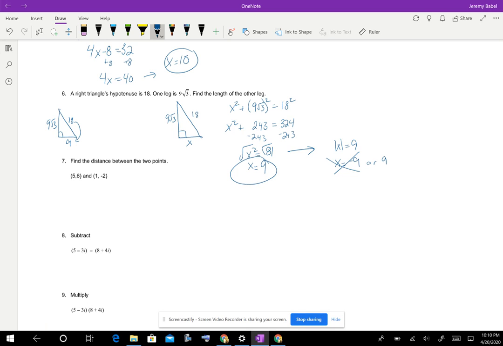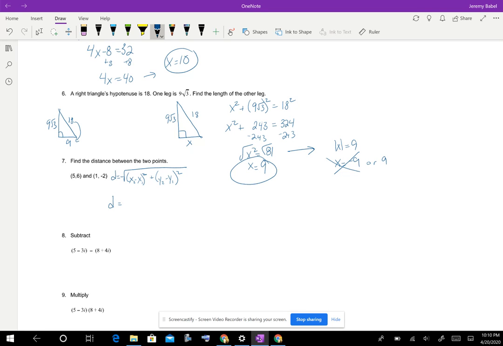Distance formula. That distance formula has a square root in it. And so that's what we're looking at here. So our formula, the square root of x2 minus x1 squared plus y2 minus y1 squared, would tell us the distance.